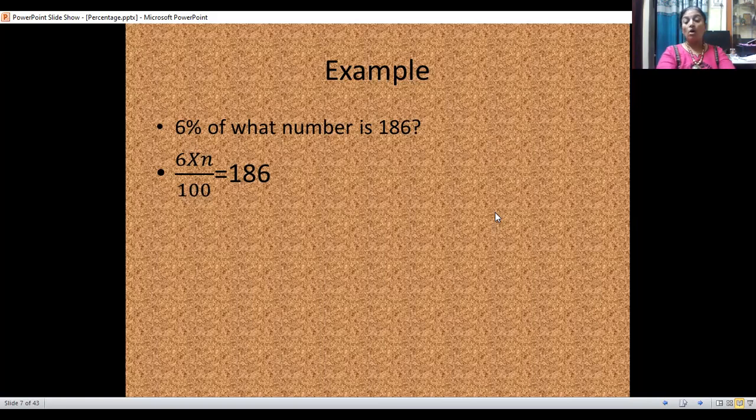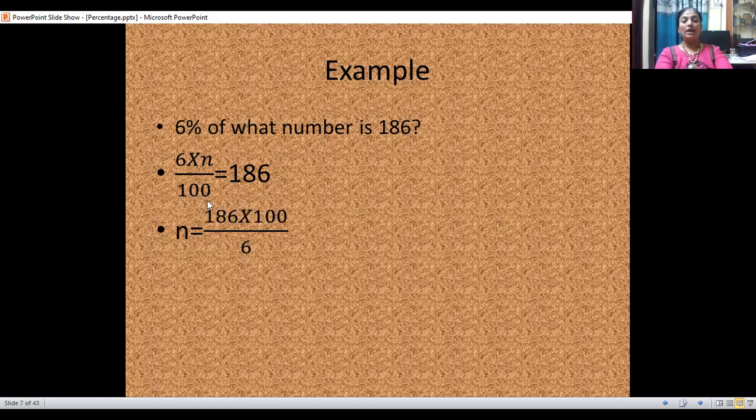So now this 100 will go to this side, isn't it? So n is equal to 186 into 100, and 6 will come to this side, then it becomes divided by 6. Earlier it was divided by, now it becomes into.